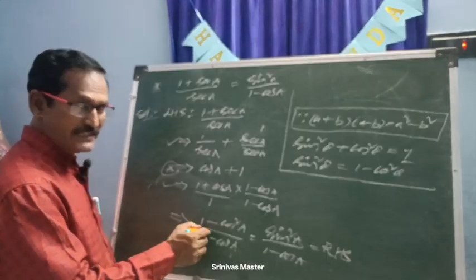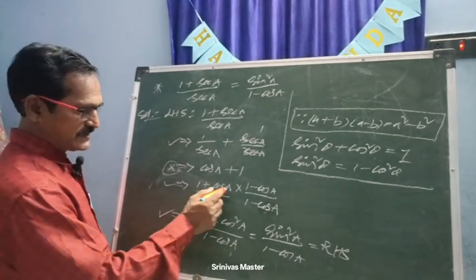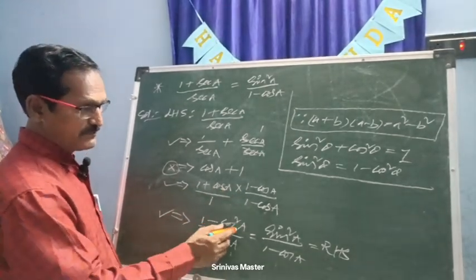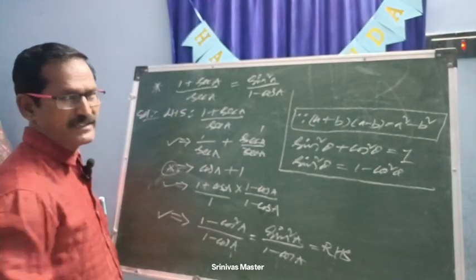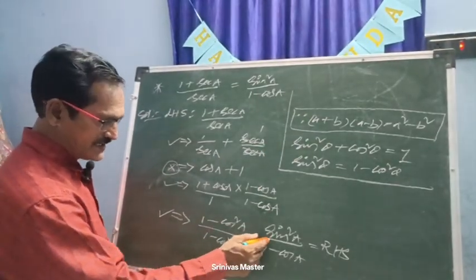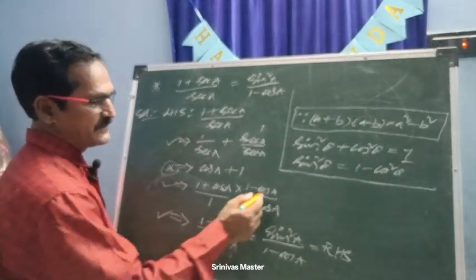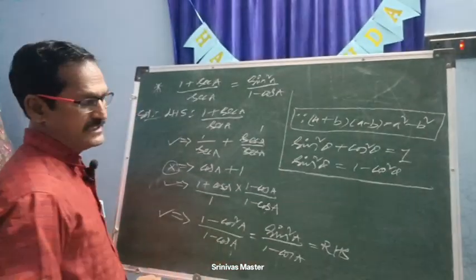Here the algebraic identity is applied, so this is also a must. 1 plus cos A into 1 minus cos A, by application of the algebraic identity, over the denominator 1 minus cos A. And this is compulsory because from this result you get the trigonometric identity.